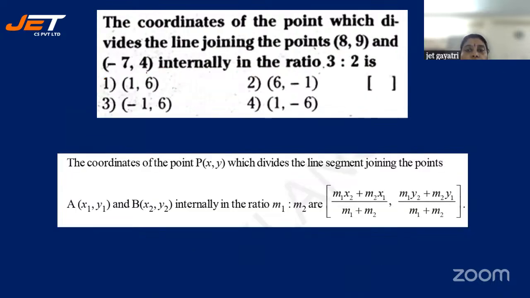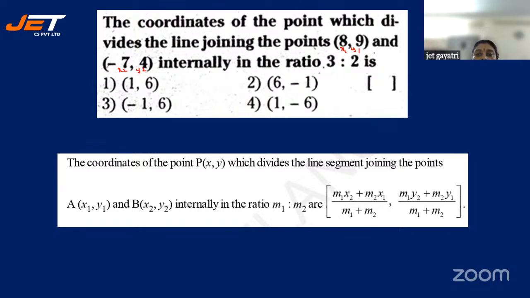The coordinates of the point which divides the line joining the points 8, 9 and minus 7, 4 internally in the ratio of 3 is to 2 is dash. Okay, so the same formula we can use. So there are two points x1, y1, x2, y2.